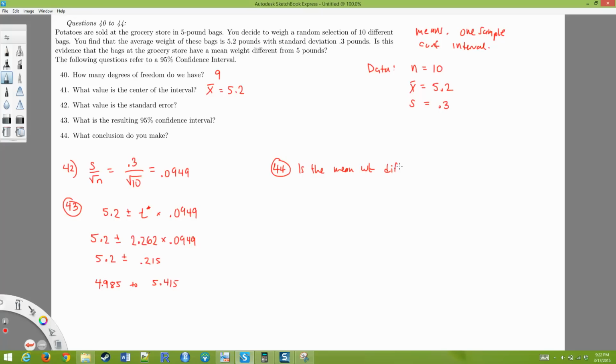Maybe, maybe not. Well, 5 pounds is in our interval. So we do not have evidence that the mean weight is different.